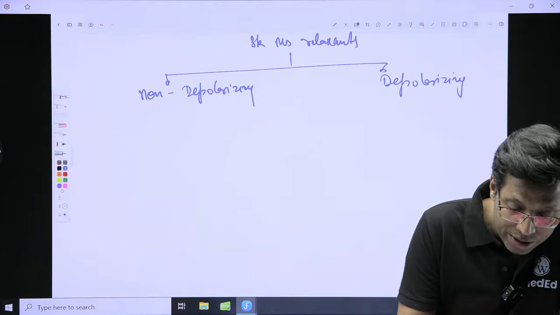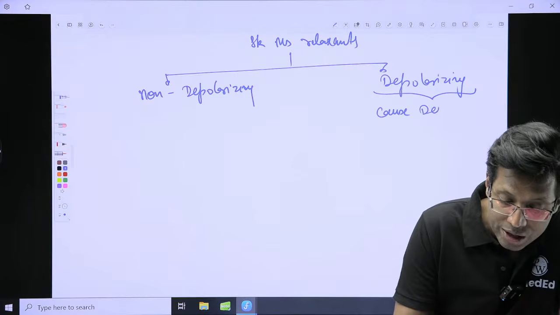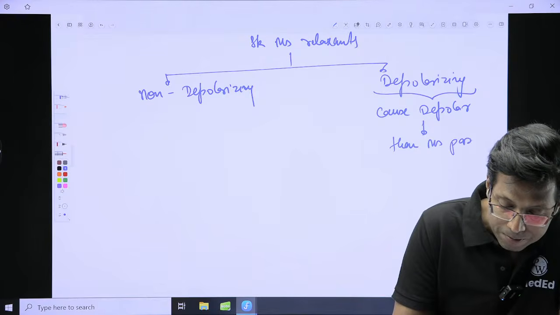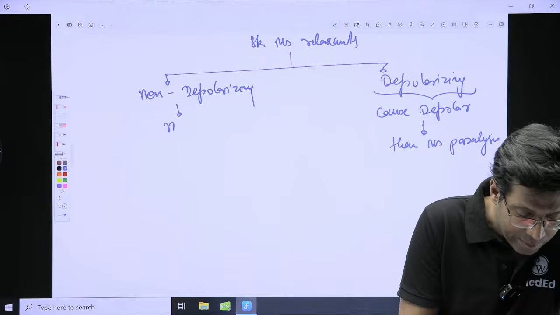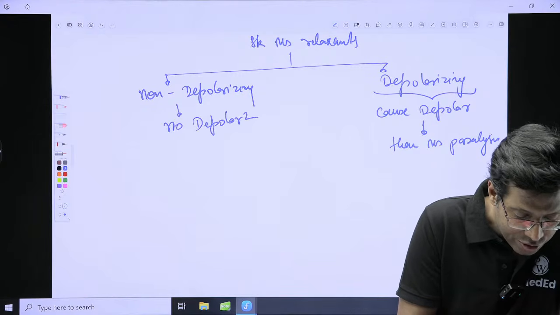The depolarizing are the ones which will cause depolarization and then cause muscle paralysis. Non-depolarizing are basically no depolarization, straight away paralysis.